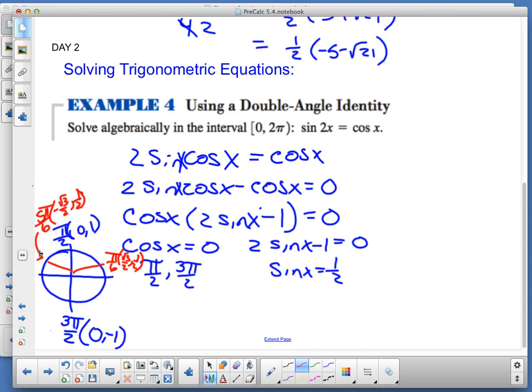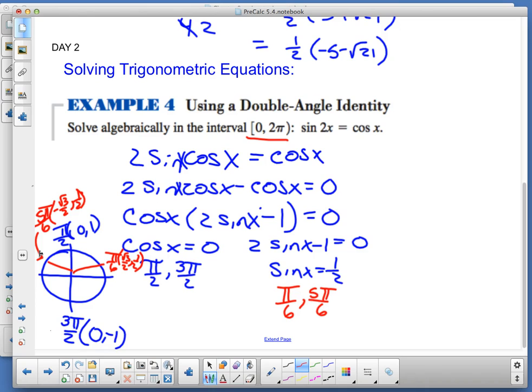Okay. Now, so keep in mind I got pi over 6 and then 5 pi over 6. Now I'm going to check and read what I'm supposed to do. The interval is between 0 and 2 pi, not including 2 pi, that's what that parenthesis means.